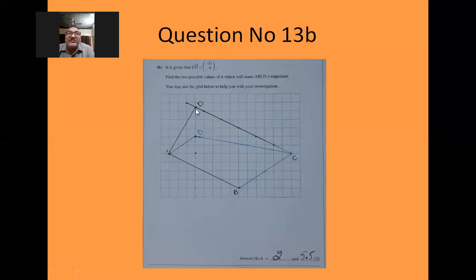Where it cuts this dotted line, that's point D. I will join them also. So you can see there are two possibilities. One trapezium can be this blue one, where these two lines are parallel. How I draw this line: 1, 2, 3, and 2 steps up. Same thing here, 1, 2, 3, and 2 steps up.